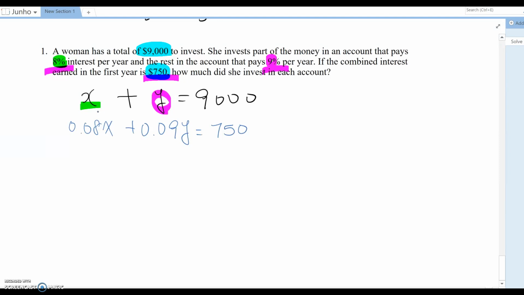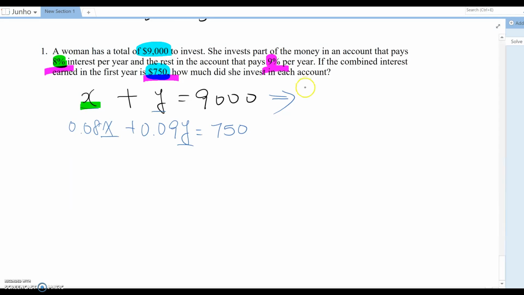So next, we want to find out each amount. So far we have two different variables. I'm going to make it only one variable. From this equation, I want to solve for either X or Y. It is totally up to you, and in this case up to me.